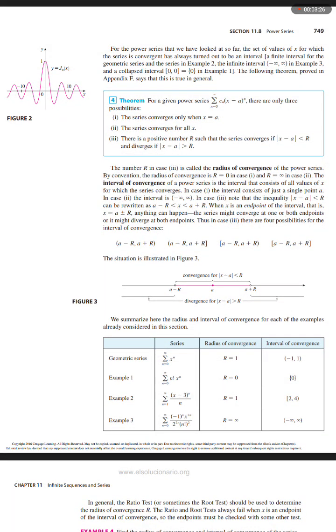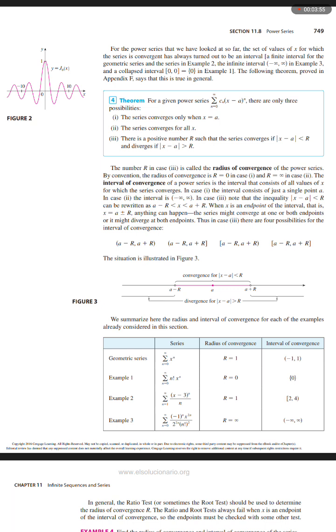For the power series that we have looked at so far, the set of values of x for which the series is convergent has always turned out to be an interval: a finite interval for the geometric series, and for the series in example 2, the infinite interval (-infinity, infinity).